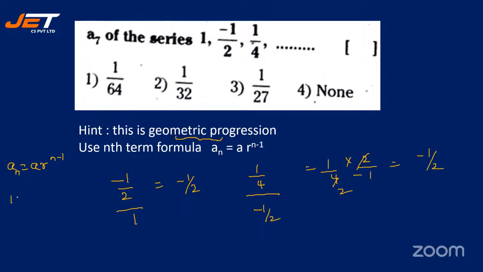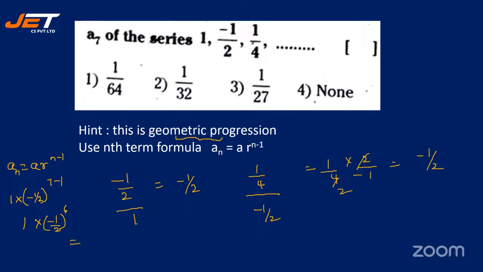The first term, 1, into r, the common ratio, minus half, to the power n minus 1. What is n minus 1? 7 minus 1. So 1 into (-1/2) to the power 6.